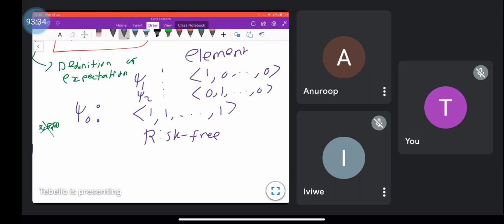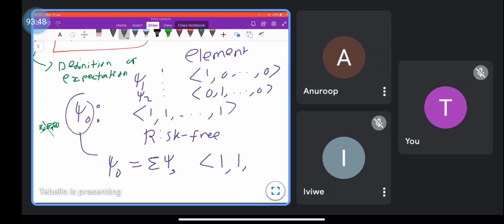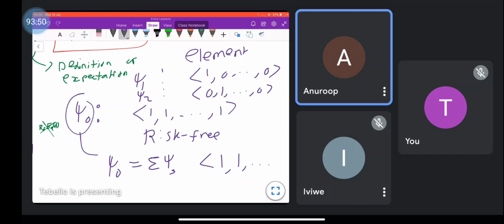And then psi 0 is the sum of all those vectors, so they will have 1, 1, 1, 1 in all the states.